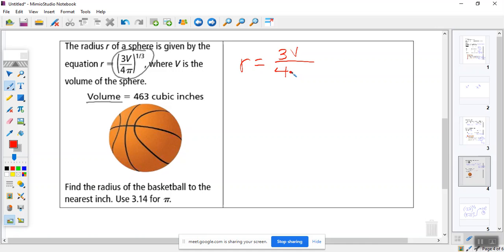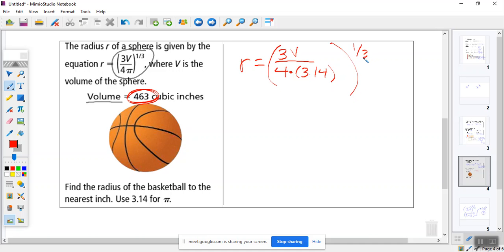If it doesn't say plug in 3.14, then what button are you going to push? All right. So I'm going to go 4 times 3.14. Well, kids, what is your volume? Okay, so to find that radius r, what am I going to have to plug in for volume? And then this is all to what power, kids?